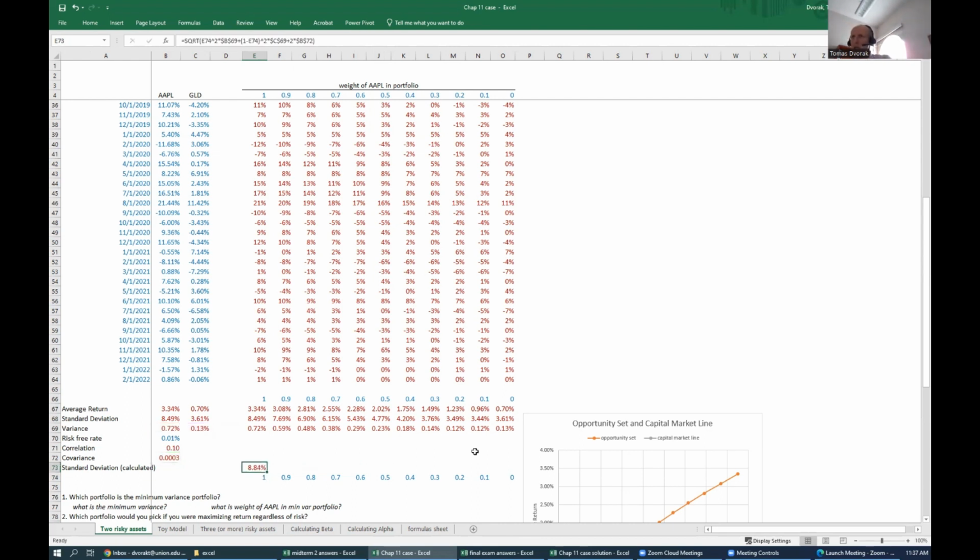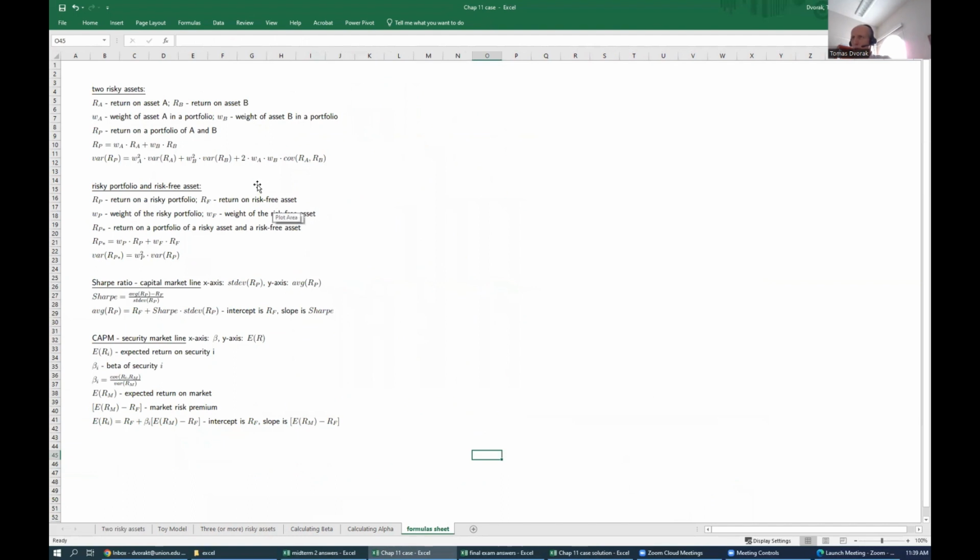All right, so plus 2 times covariance. It's not just plus 2 times covariance, it's plus 2 times the weight on A times weight on B times covariance.